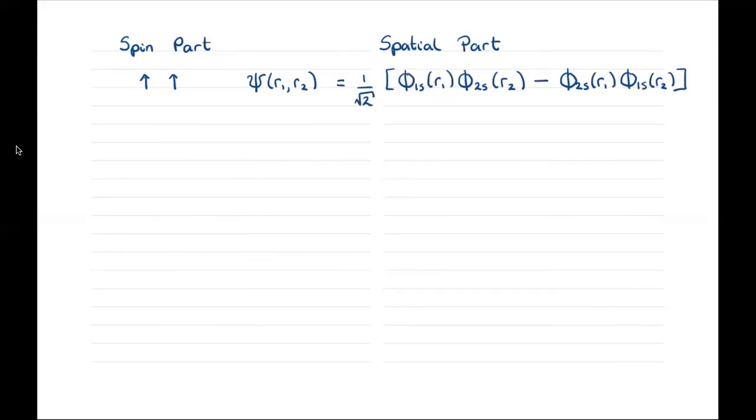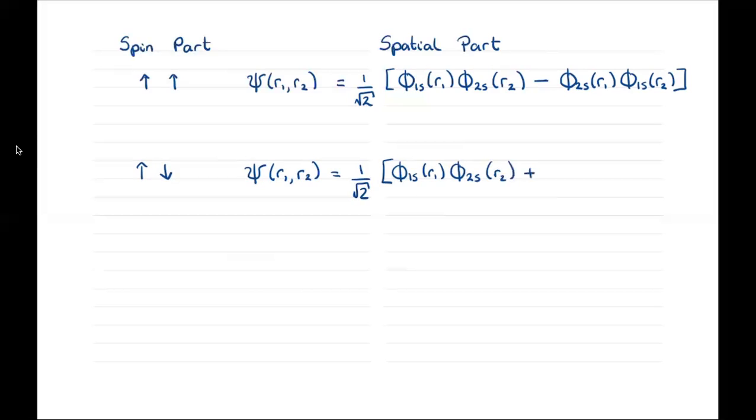So this is a little bit hand-wavy. One can actually show rigorously that this is an appropriate spatial part of the wave function. And this is the antisymmetric spatial part. Now let's look at the antisymmetric spin part, and we'll write down now a symmetric spatial part of the same form, electron 1 in the 1s orbital, electron 2 in the 2s orbital.